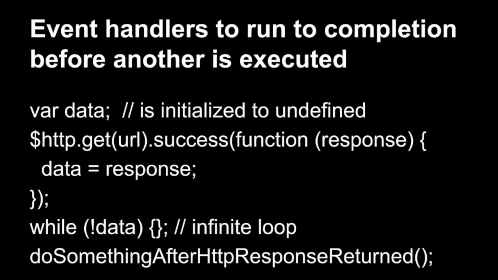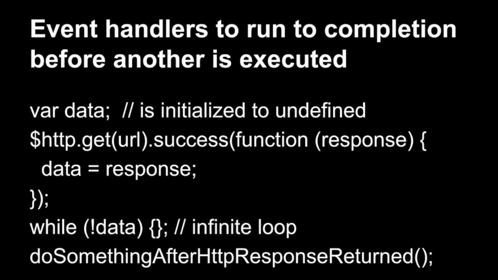That second line is registering a new handler, so we'll call this HTTP success, and this is the function that's up there. By calling this code, HTTP get URL success, we've registered a callback, and we've gone ahead and issued the HTTP request, so that's happening right now. And now we're waiting for data to be set, so we're in this infinite loop.